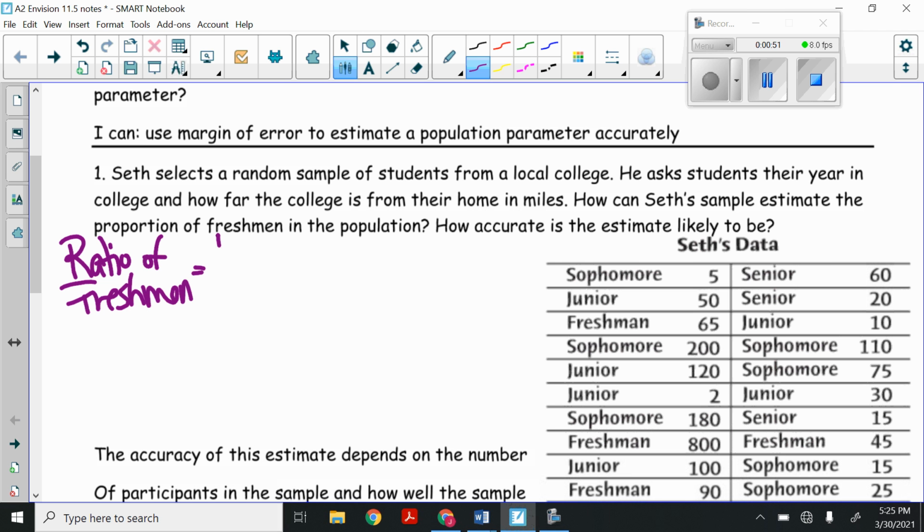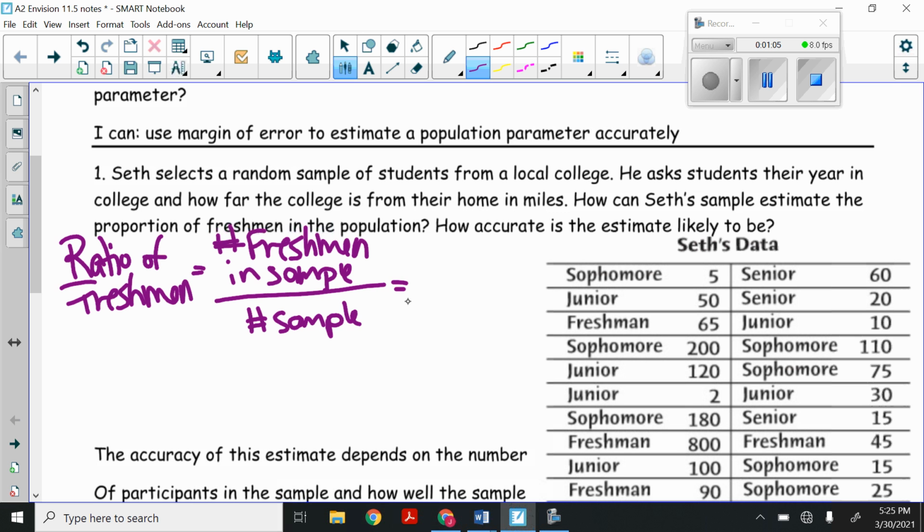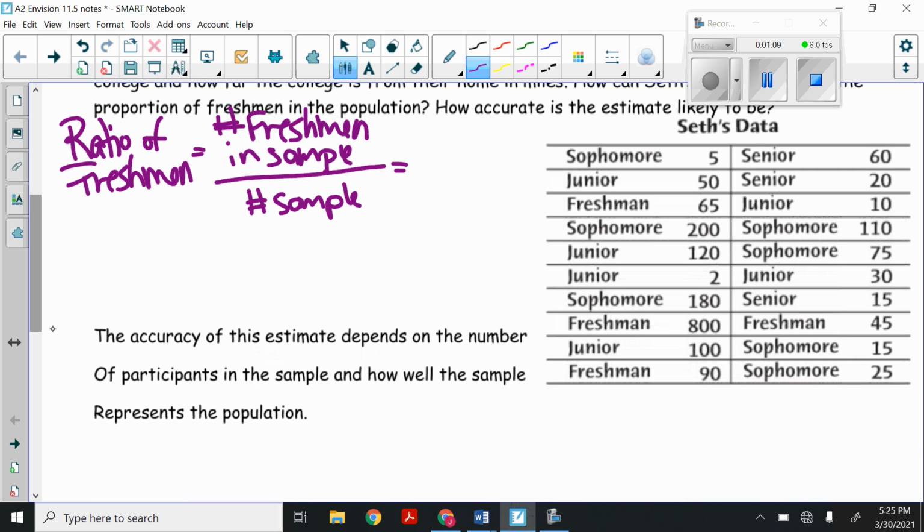That's going to equal the number of freshmen in the sample divided by the number in the sample. So if we look at this chart and count how many freshmen there are, here's 1, 2, 3, 4.